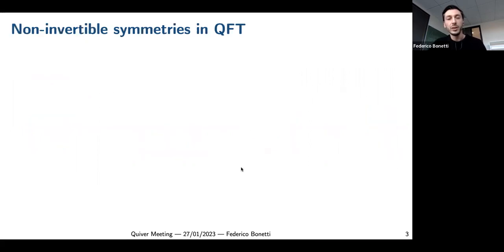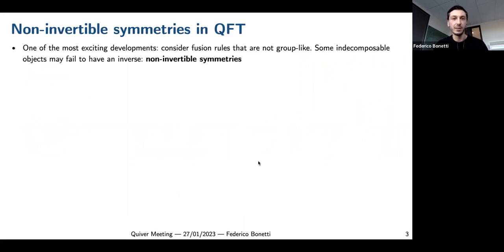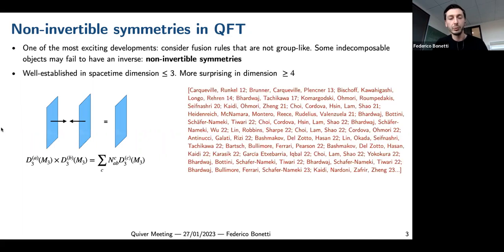For today's talk, I would like to focus on a specific class of generalized global symmetries, namely the ones that are not invertible. One way to say what that means is to refer to the fusion rule. It's a fusion rule that is not necessarily group-like anymore. So schematically here, as you can see, we have two of these defects with some labels A and B, but after fusion, we might have a sum of them with some suitable coefficients.